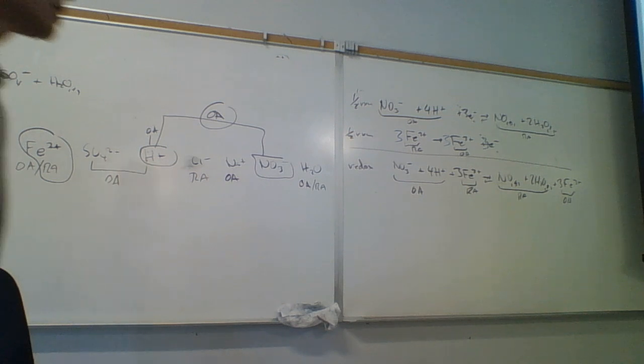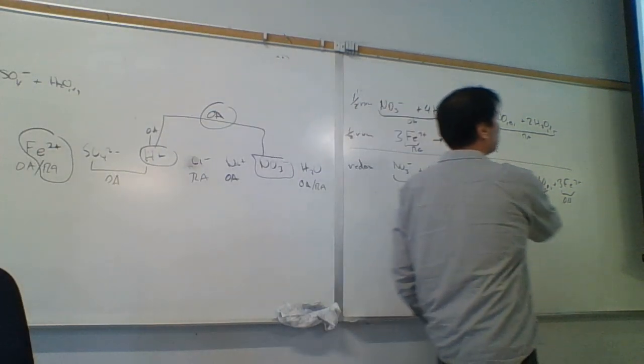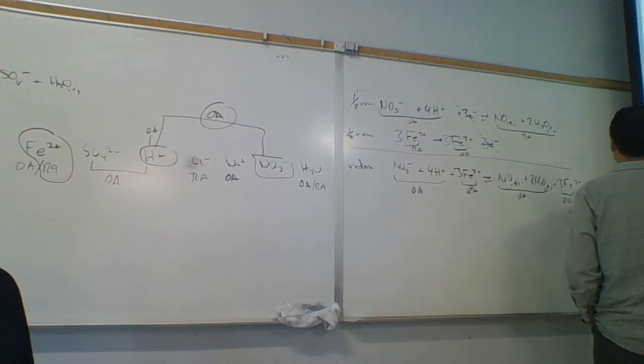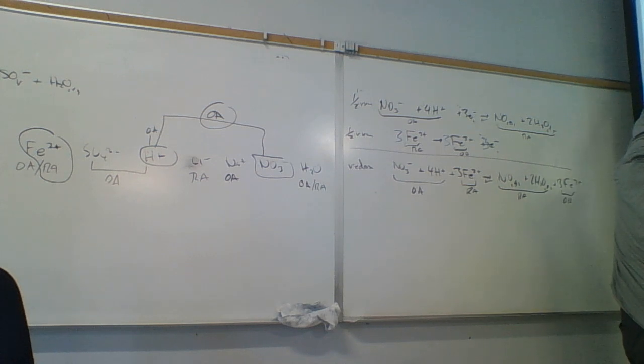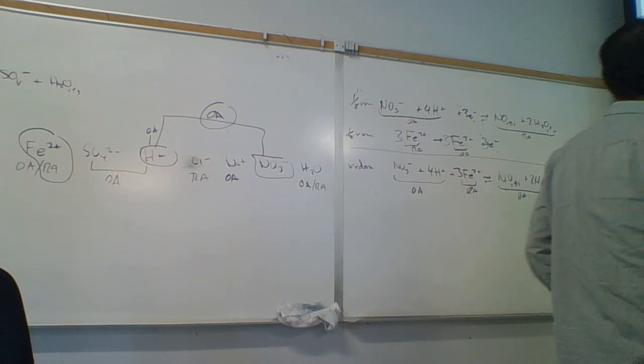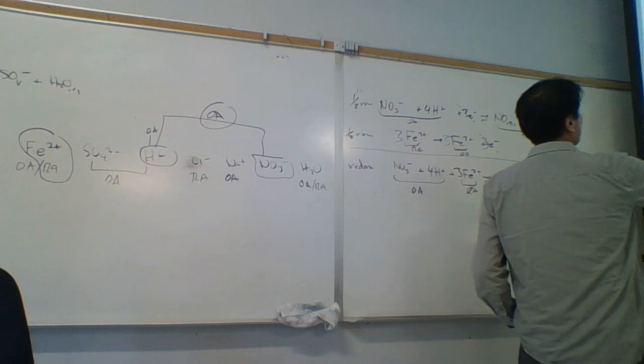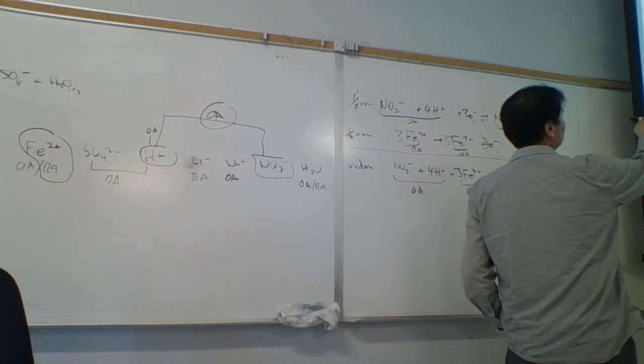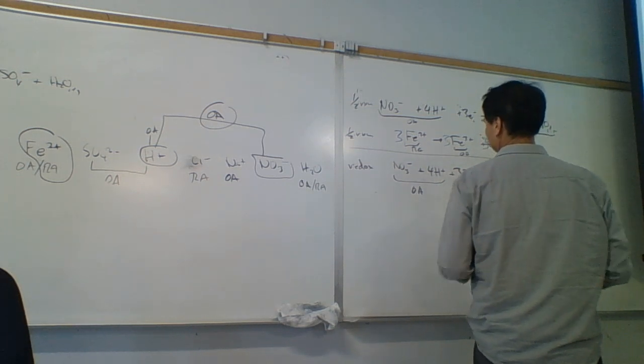So what's a better oxidizer, the nitrate and H+, or iron 3? We look there: nitrate and H+ is at the top, and iron 3 is right above oxygen. Which one is stronger? Nitrate.